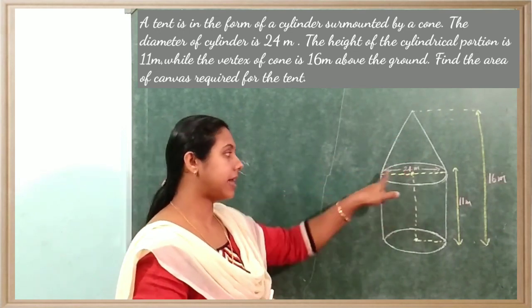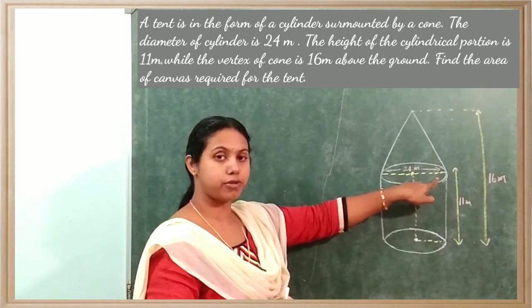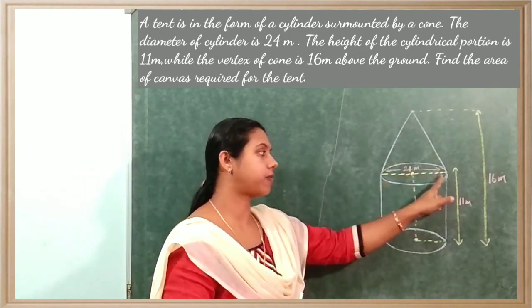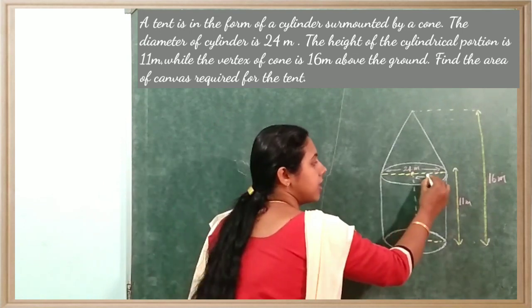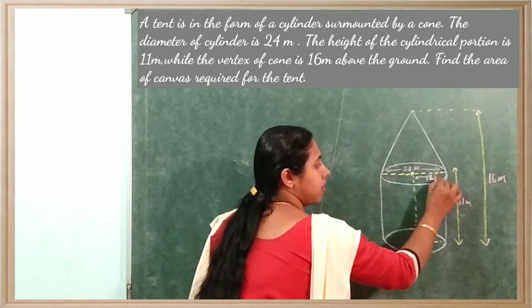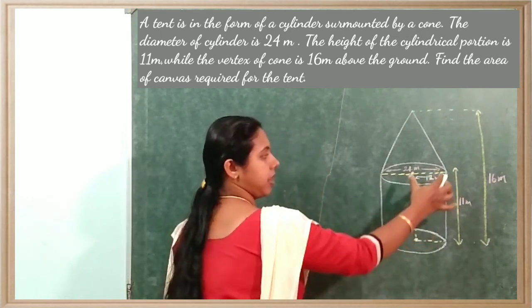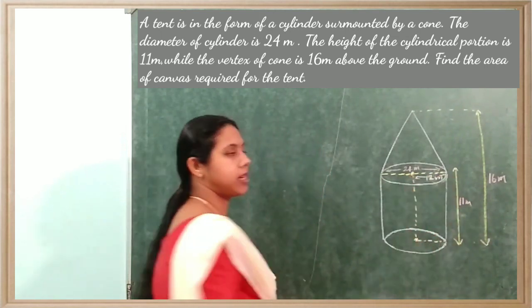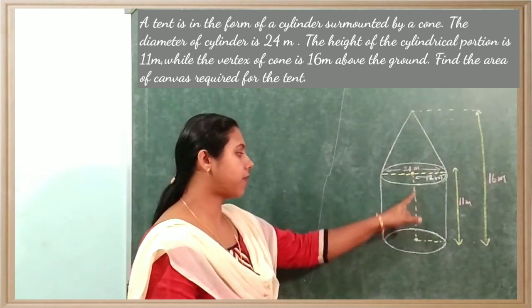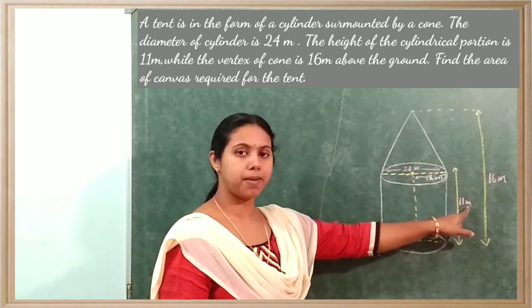And the diameter of the cylinder is given for you, 24 meter. So the radius of the cylinder is half of that, that is 12 meter. The radius of the cone and radius of the cylinder both are same because they have the same base. And the height of the cylinder is given for you, 11 meter.